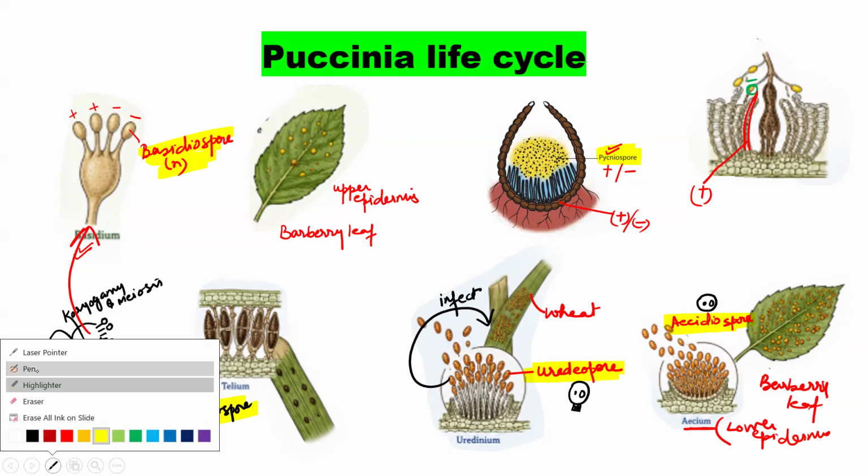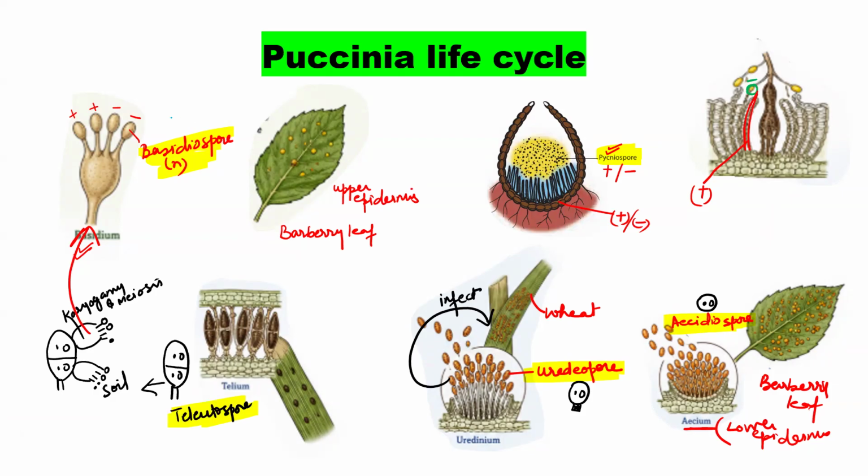So this is a flow chart, if you want to revise fast, please learn. Basidiospore are monokaryon unicelled. Pycniospore are also monokaryon unicelled. First basidiospore, then pycniospore, and then the barberry leaf is making aeciospore, which is dikaryon.